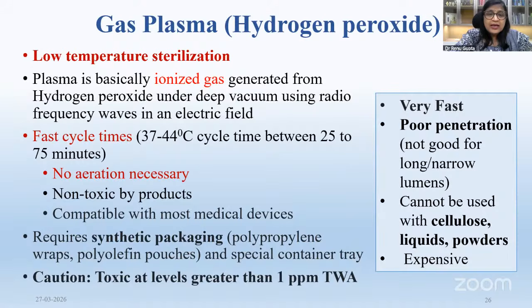It requires synthetic packaging like polypropylene wraps, polyolefin pouches, and it cannot be used with cellulose, liquids, powders. Again, it is expensive and toxic at the level of the byproducts which are produced. So it is not as good as ETO for penetration, but time is less and it is not very toxic.